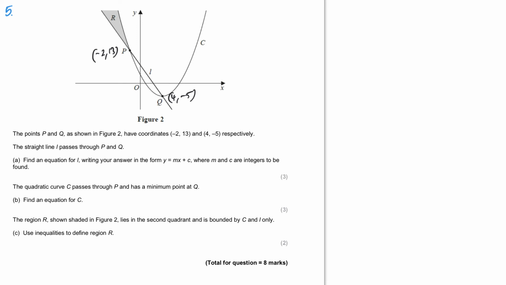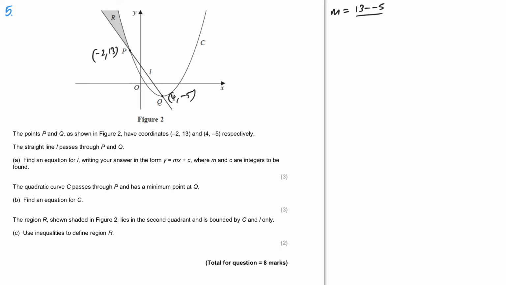You can do it all in one equation, or you can first use the two coordinates to find the gradient and then substitute it into y minus y1 or y equals mx plus c. Up to you. This is the way I'm going to do it. So I'm going to look at the gradient first.